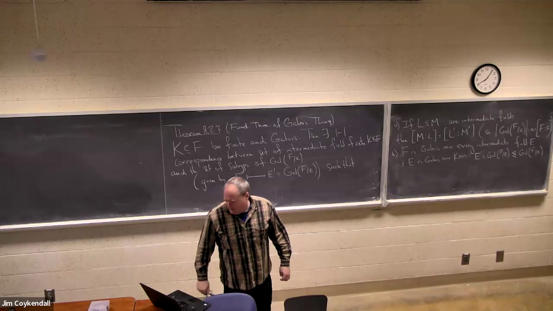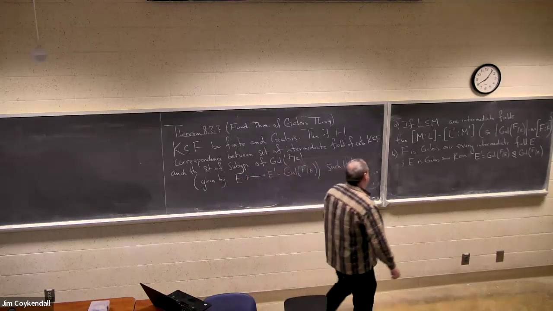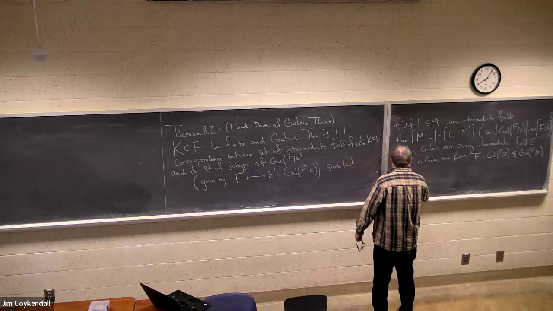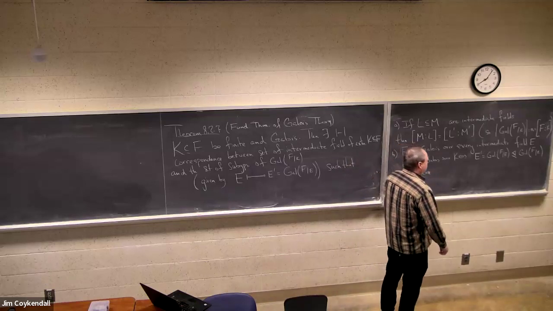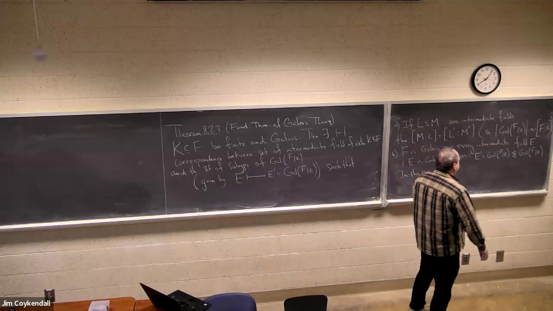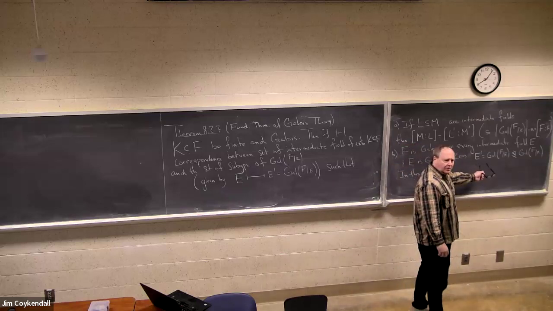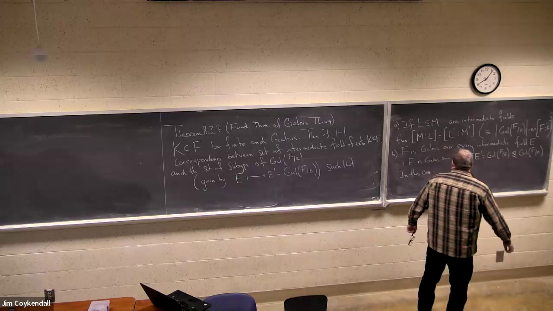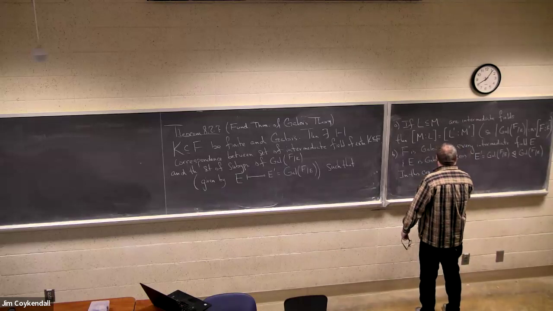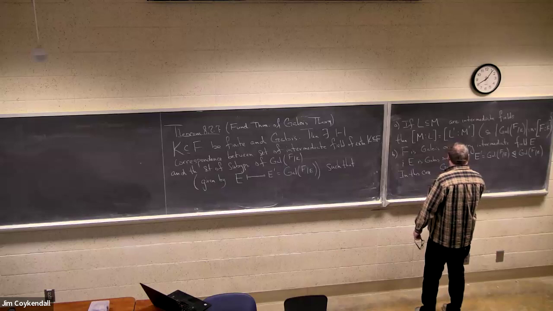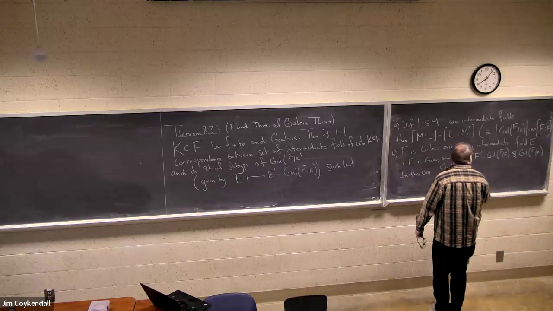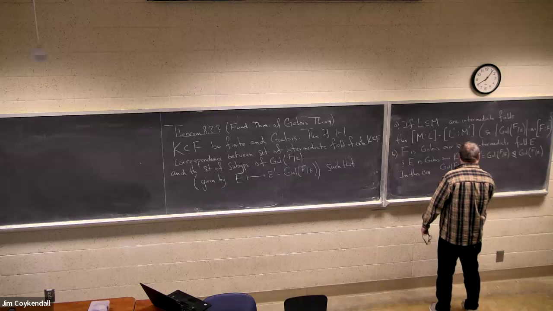And in this case, that is normal. What do we know about normal subgroups? You can mod out by it. In this case, the Galois group of F over K modulo this normal subgroup.